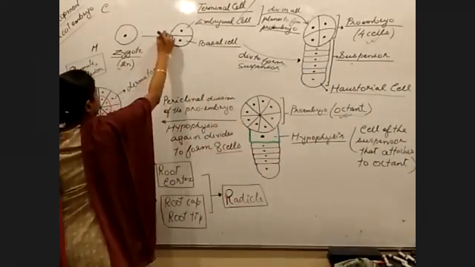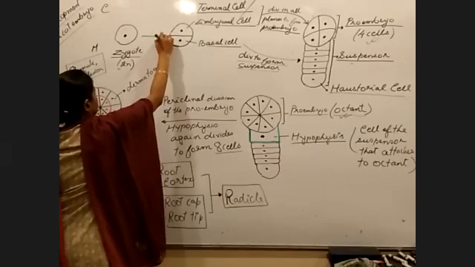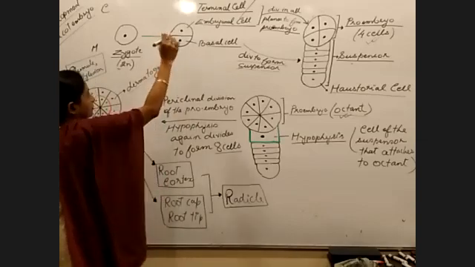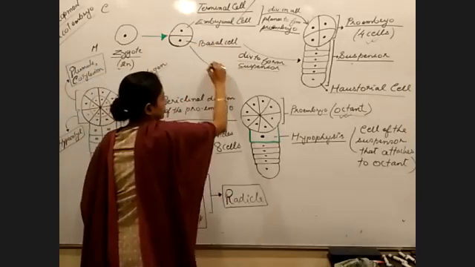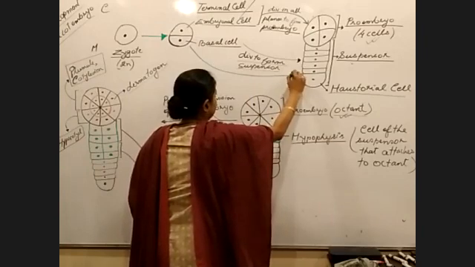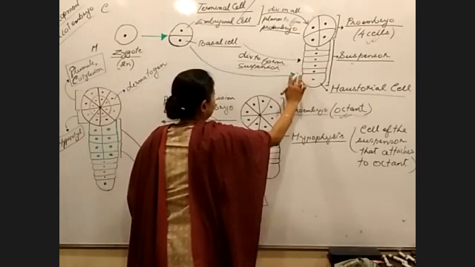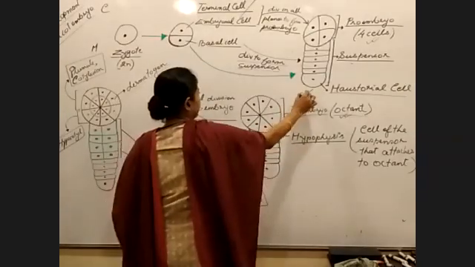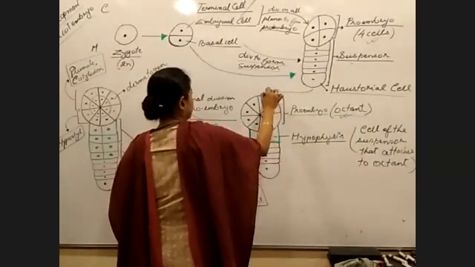So this is the first step. Is the green color visible on the board? Yes, ma'am. So this is the second diagram. From here, it is this one.